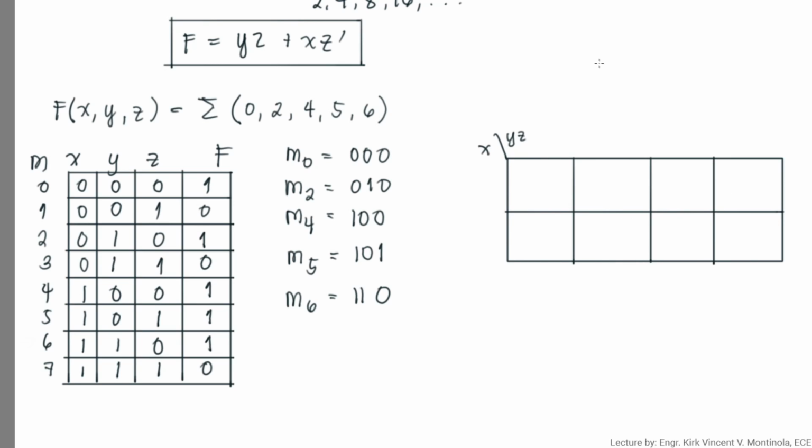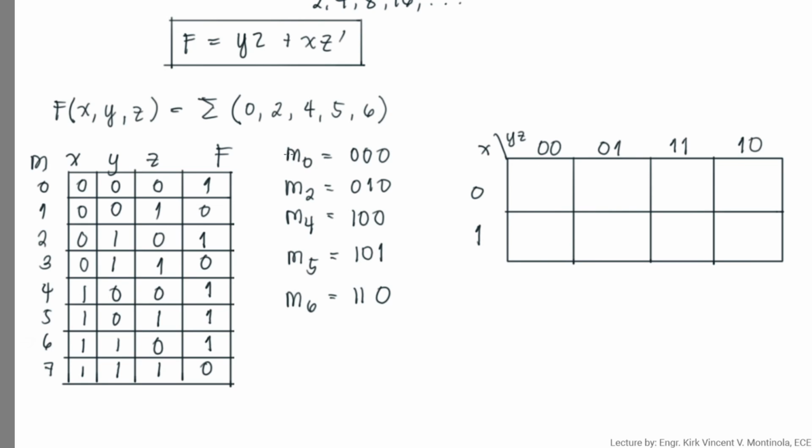Then write all the possible states of each input variable. So ang X natin, dalawa lang naman yan, 0 or 1. Ang YZ natin, that is 0 0, 0 1, 1 1, then 1 0.